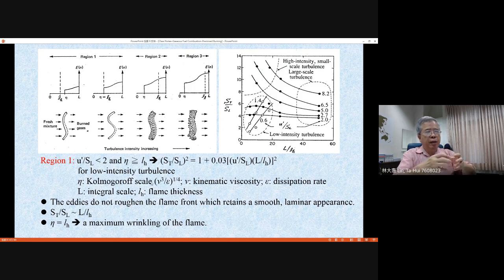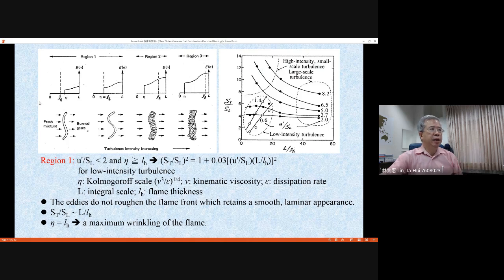Then that means that in a turbulent flow, you can treat each eddy as containing homogeneous properties, and then you try to analyze it. Now, the Kolmogorov scale, you can think about this as the minimal scale for the turbulent eddies inside a turbulent flow. And you can see there is a comparison between the sizes of the scales.